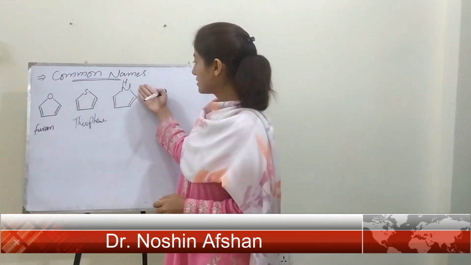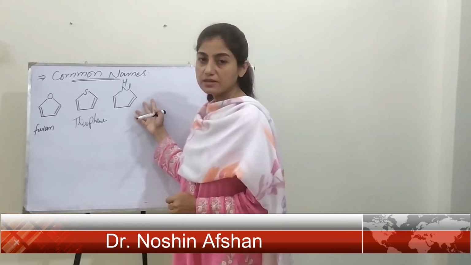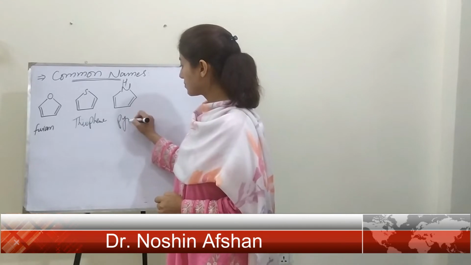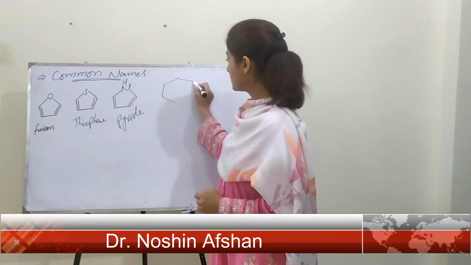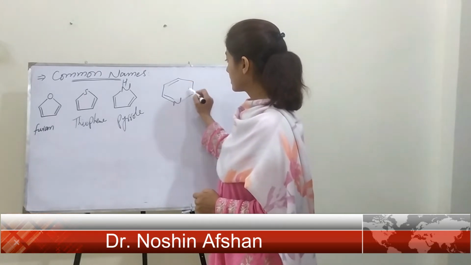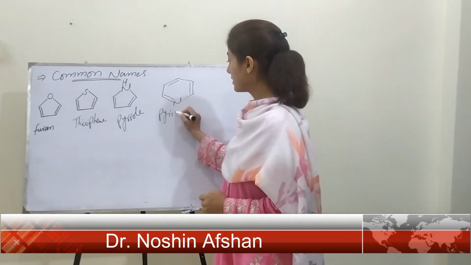And the nitrogen or NH containing 5-membered heterocycle with the unsaturated character is called as pyrrole. And the 6-membered aromatic ring containing nitrogen is called as pyridine.